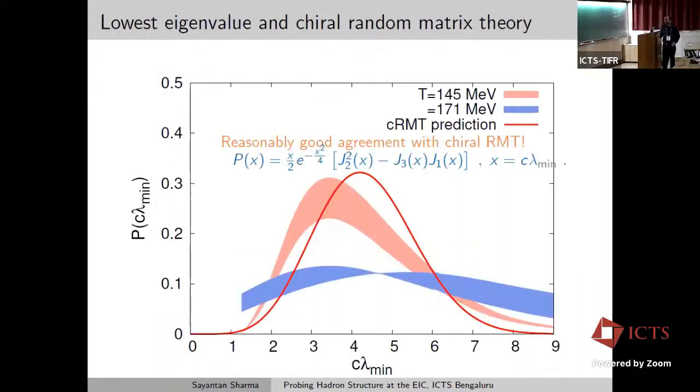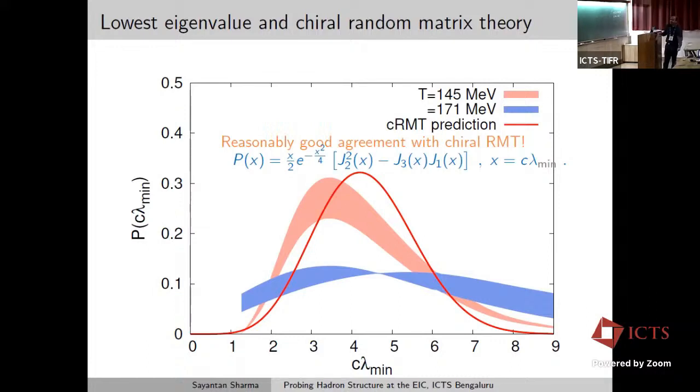Now, one can also look at the eigenvalue spectrum in more detail, because that helps us to understand how much modification happens to the spectrum as we change the temperature. So this orange band is the probability density of the smallest eigenvalue as a function of the smallest eigenvalue. And this is scaled with some factor C, which depends on the chiral condensate.